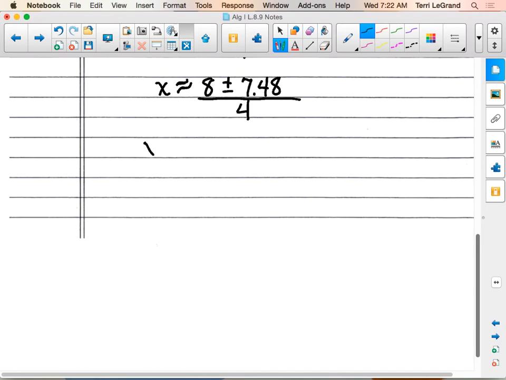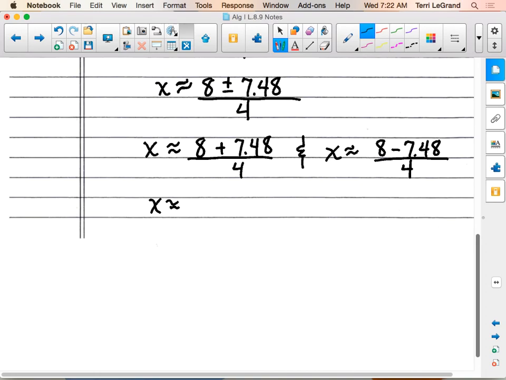Okay, now we're going to do the same thing we did on the other sheet. 8 plus that 7 and 48 hundredths, divided by 4, and x is approximately equal to 8 minus that 7 and 48 hundredths, divided by 4. So we end up with x is approximately equal to, in this one, 15 and 48 hundredths divided by 4.